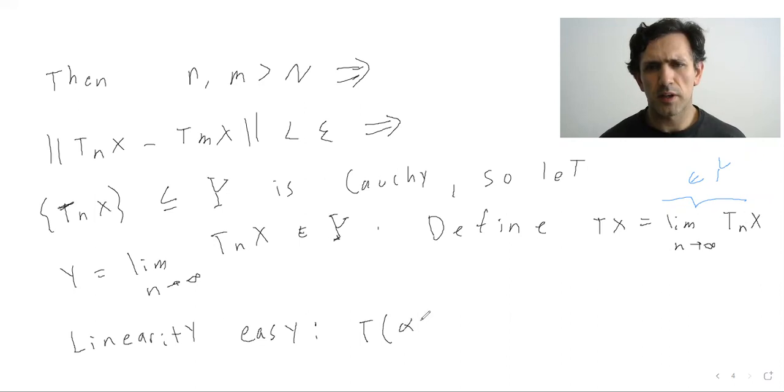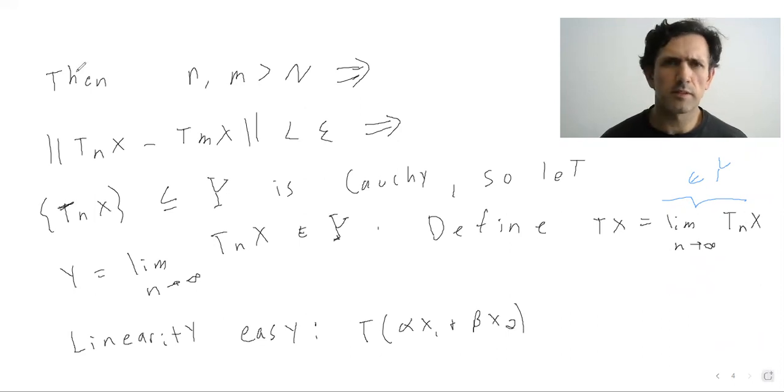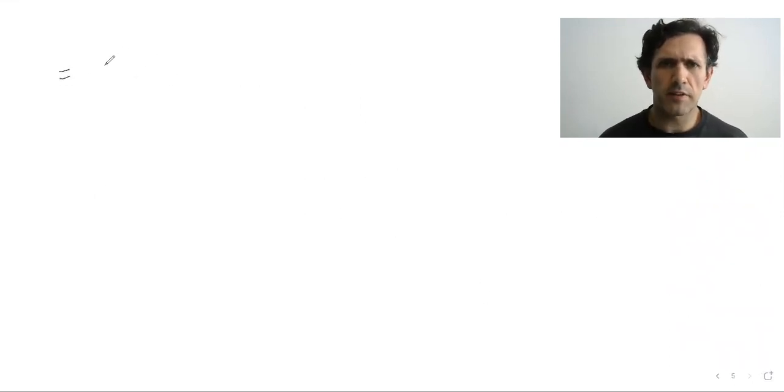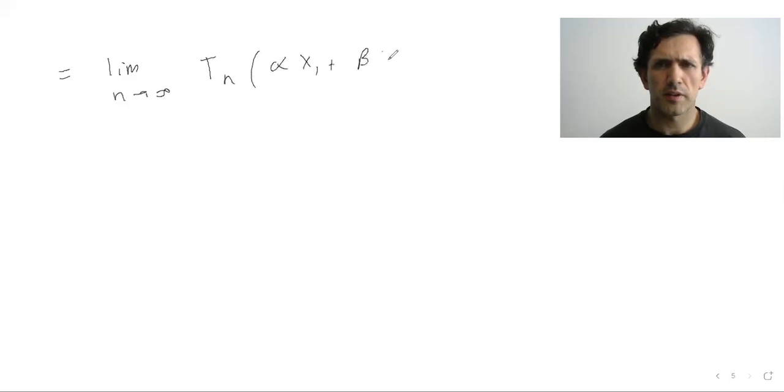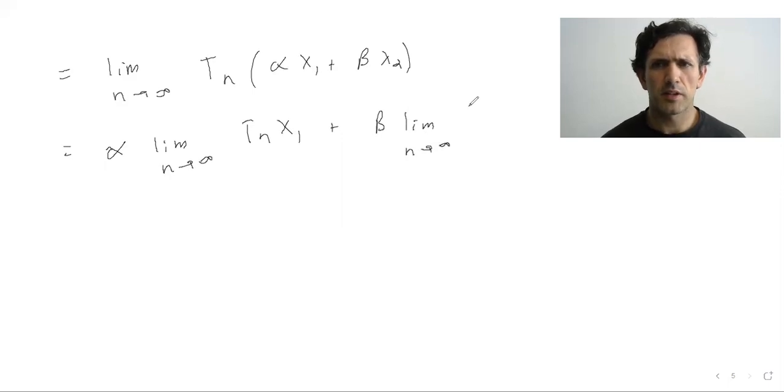T of (alpha x1 plus beta x2) is by definition this limit here. Obviously, Tn is linear, so you can pull out the constants. And that's just going to be alpha Tx1 plus beta Tx2.